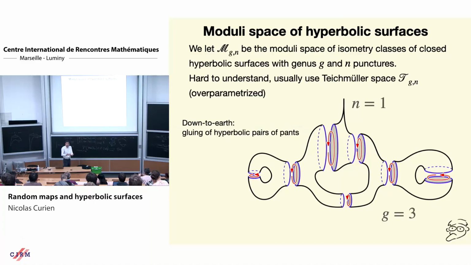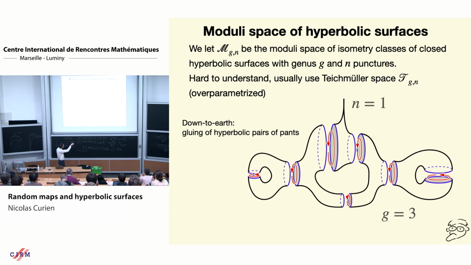Now you can glue those pairs of pants using the combinatorics of a trivalent graph. You can see on this picture. If you have some numbers, so a trivalent graph that you see, it's the dual of these pants. And if they have the same length, this number is the same as this one.